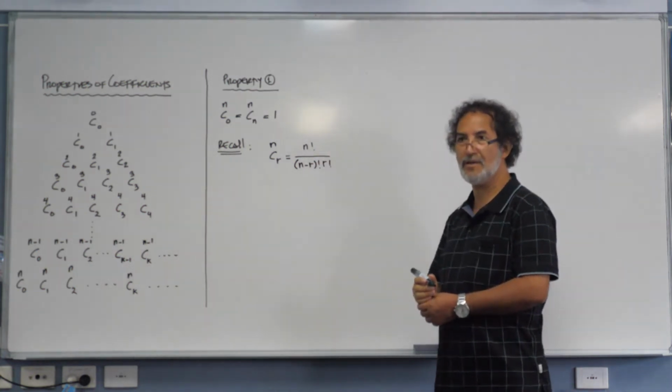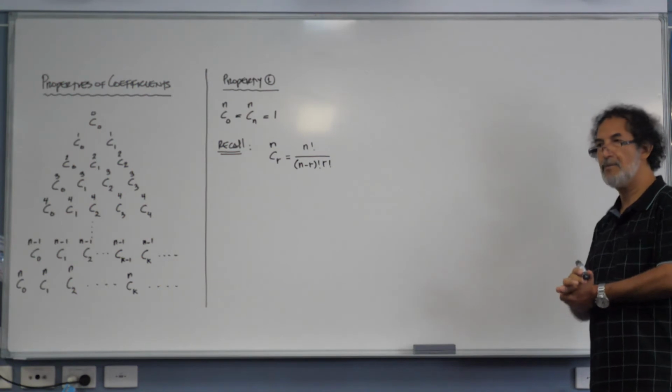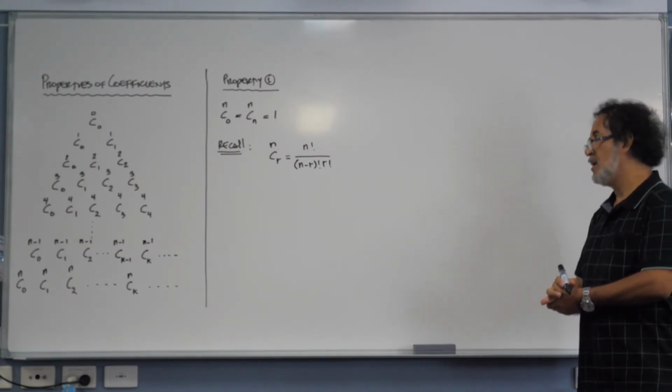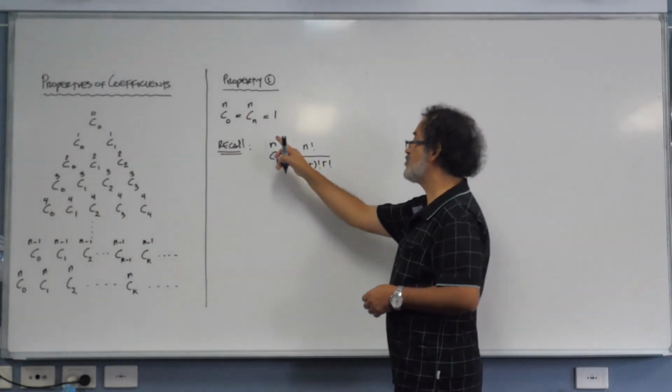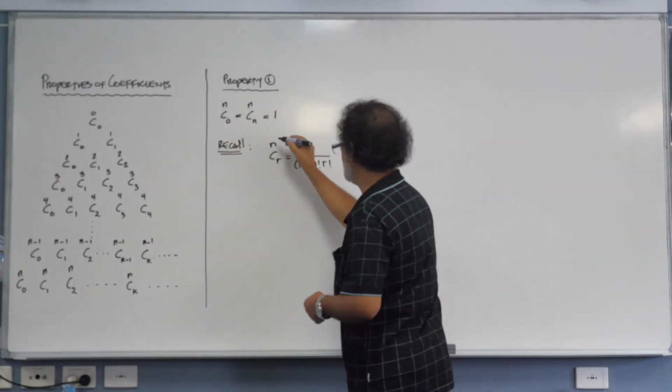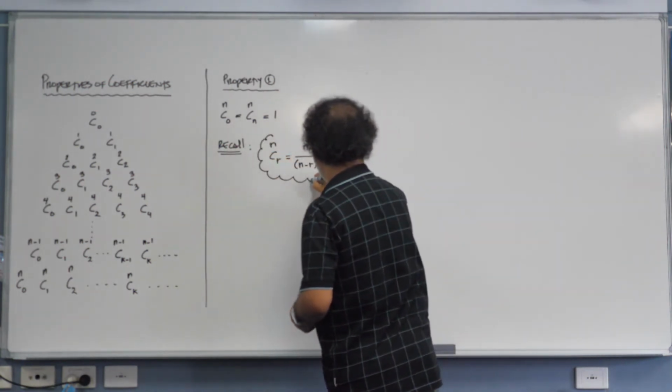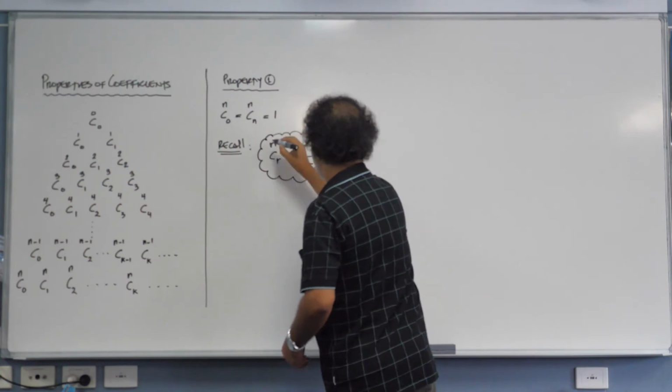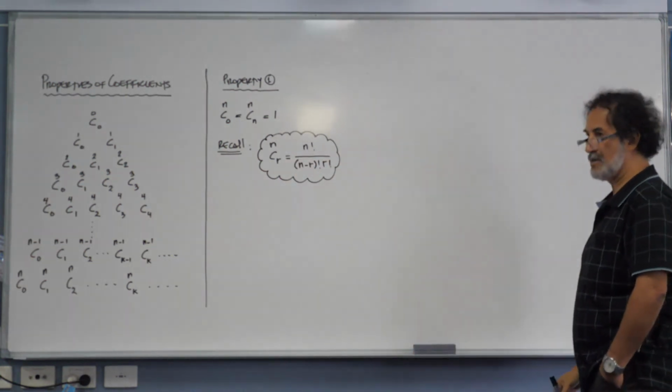Okay, so that was the formula that we derived one day. So this is the formula that we're going to be using to prove these two things. Okay, so keep that in mind. All right, so we're going to prove these two things.